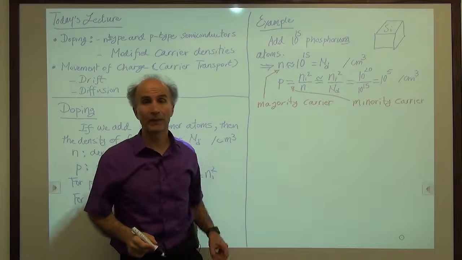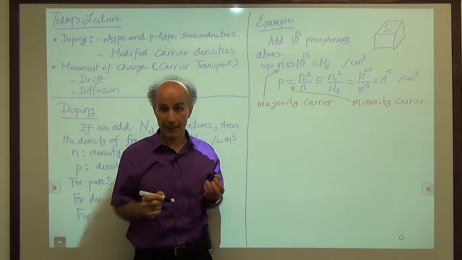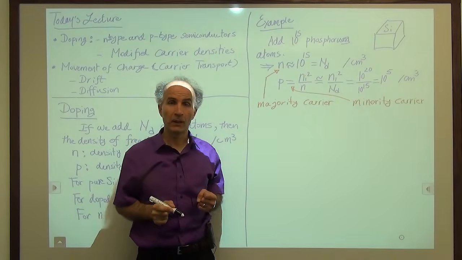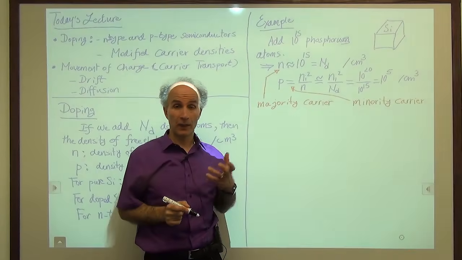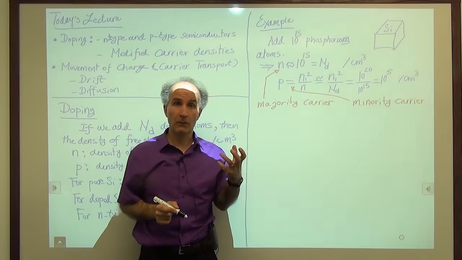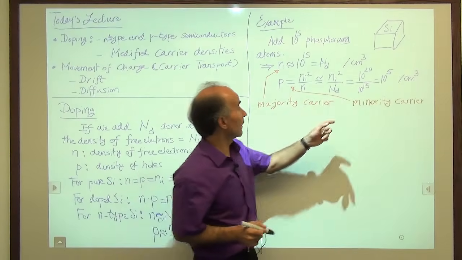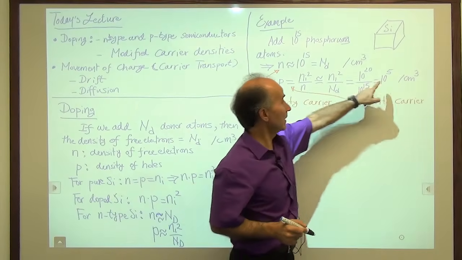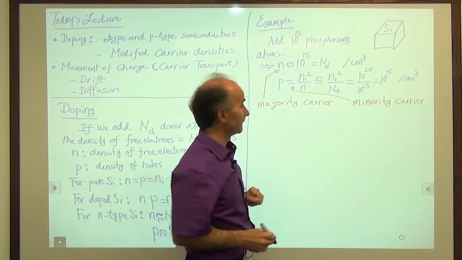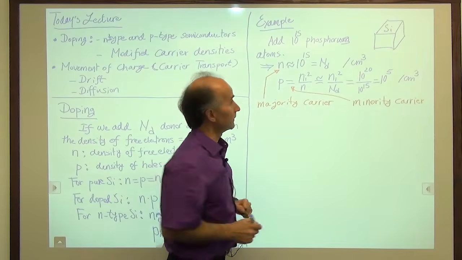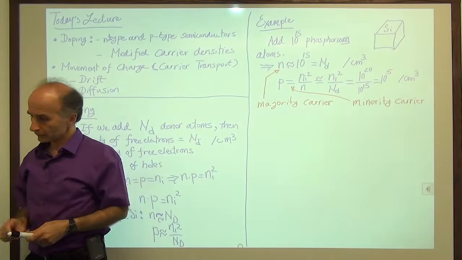So when we perform N-type doping with, for example, phosphorus atoms, we have made electrons the majority carriers and holes the minority carriers, because now they differ by so much. This is 10 to the 15, this is 10 to the 5. Okay, very good.